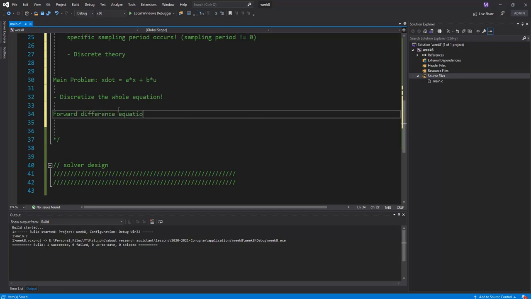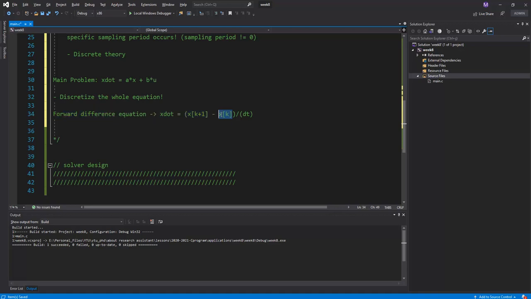The forward difference equation gives us x dot equal to what? Equal to one over the sampling period times x k plus 1 minus x k. Okay, and so this is the forward equation or the notation in here.